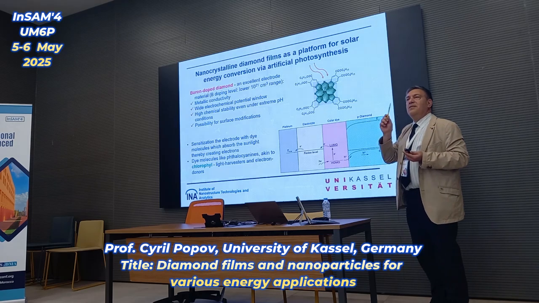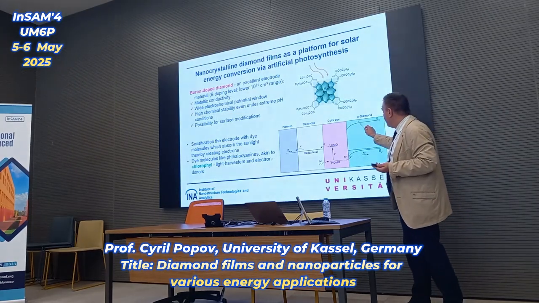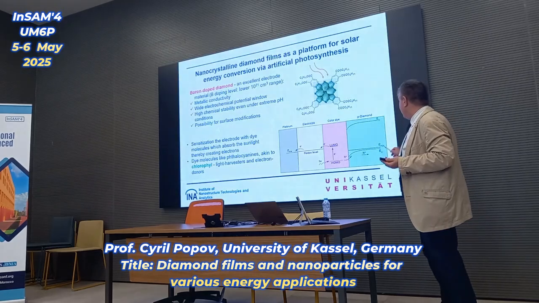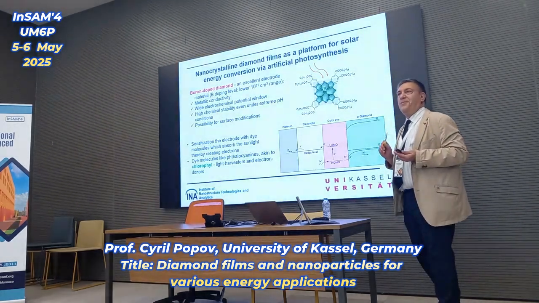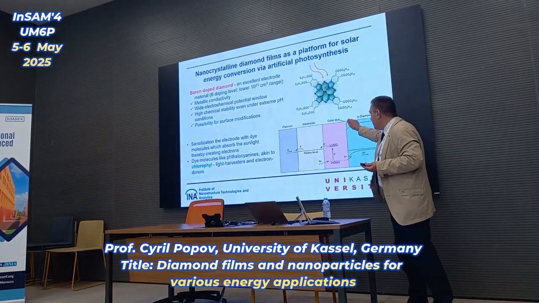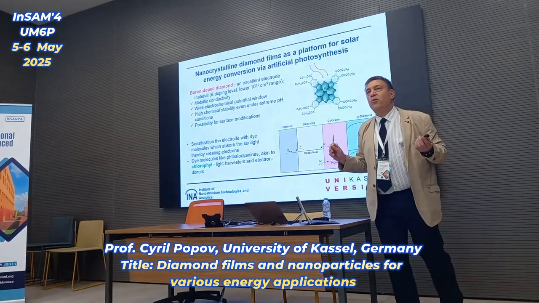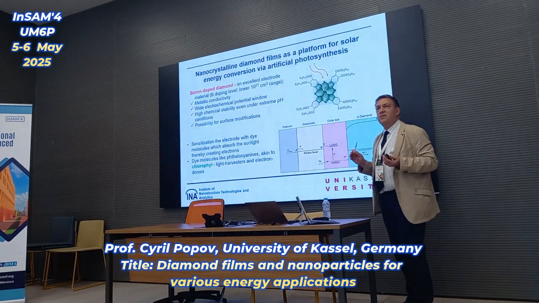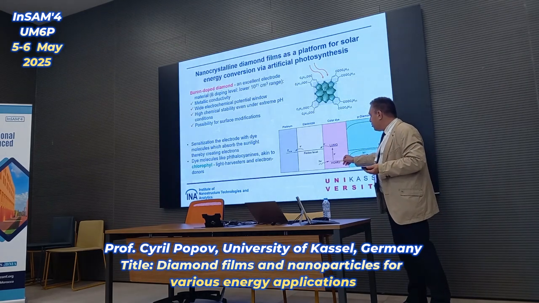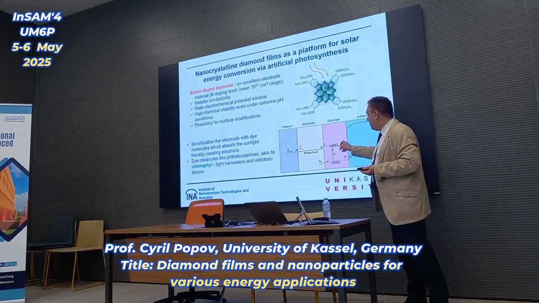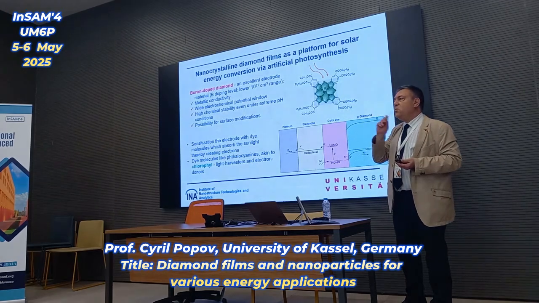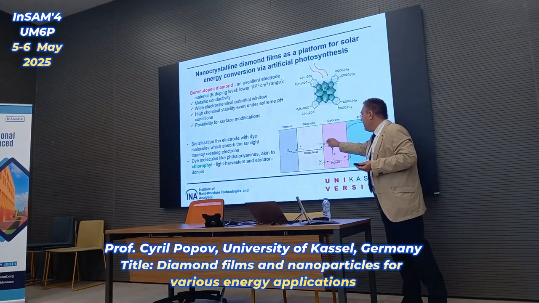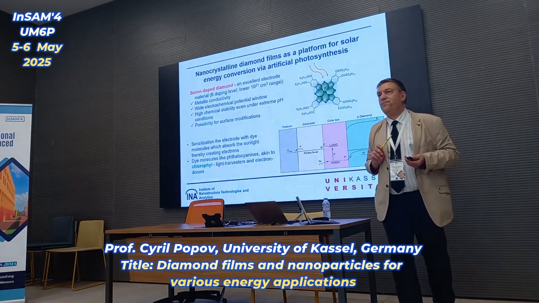However, the surface termination of diamond bends the edges of the valence and conduction band, which is important for the contact with the dye molecule. Dye molecule has also two extremely important parameters, and this is the electronic structure: the highest occupied molecular orbital and the lowest unoccupied, which is important for the absorption and for these steps transferring electrons or holes.